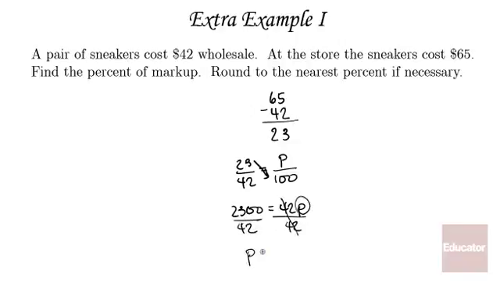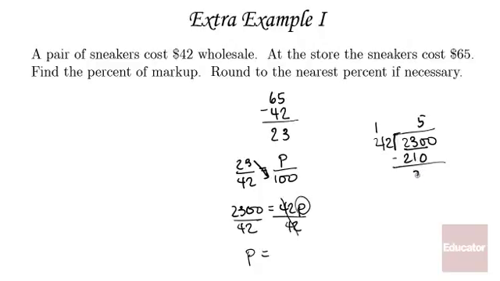I'm going to divide by 42, both sides, isolating p. Oops, that looks like an extra 1. We've got to be careful with that. It's 2,300. Okay, so 42 into 230 would go about, let's see, 6 would be too big, so let's try 5. 5 times 2 is 10, carry 1, 21.